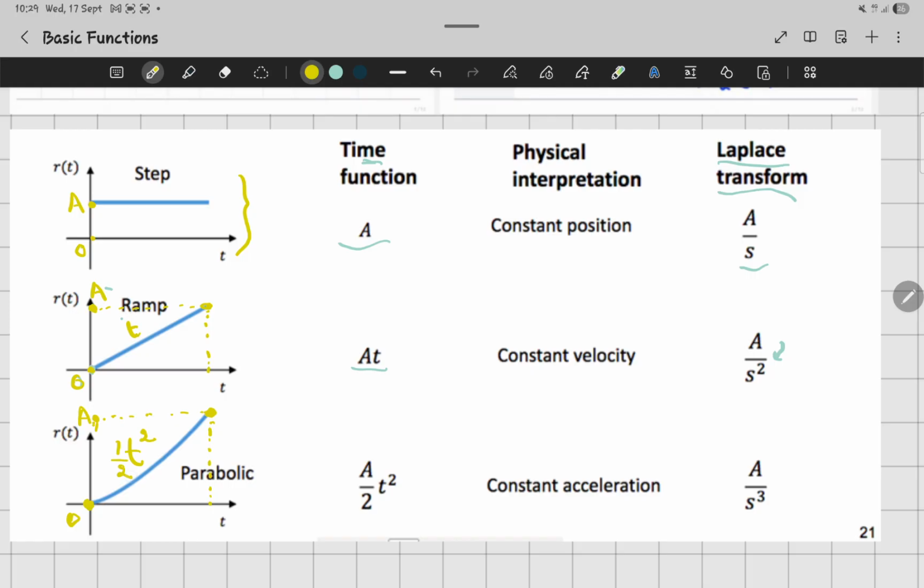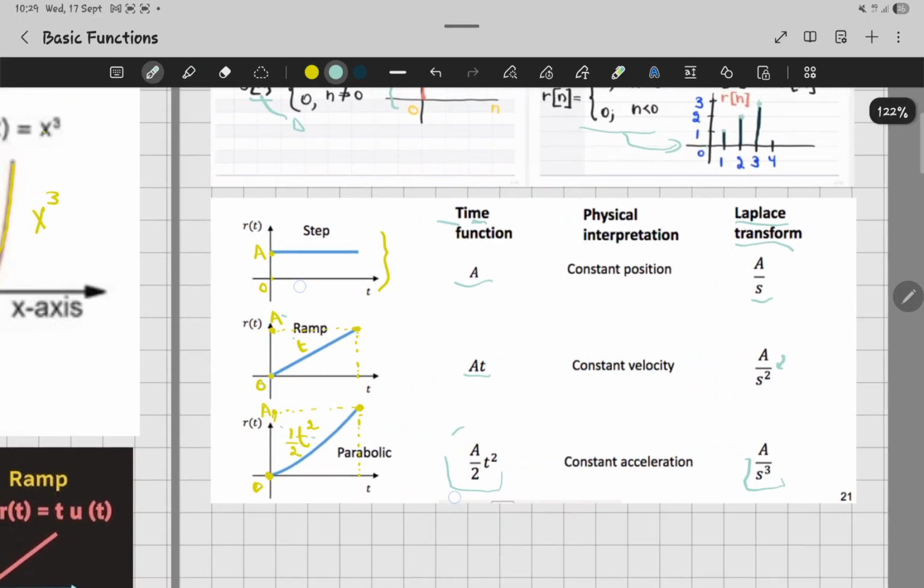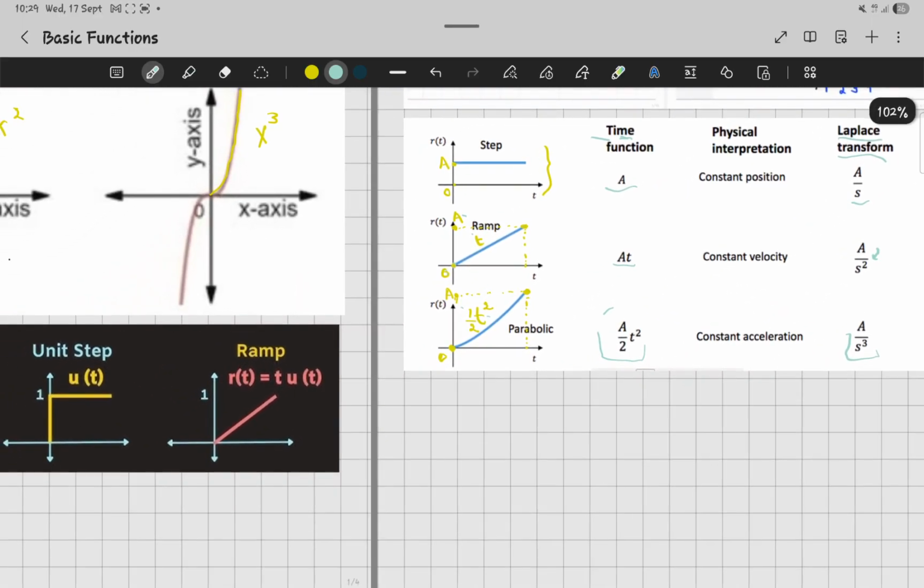So it's going to be the amplitude times the slope. Then you're gonna get this one in the time domain. And if you have to convert it into the Laplace transform, you can actually look at the table for Laplace transforms. Actually, you're gonna get this.